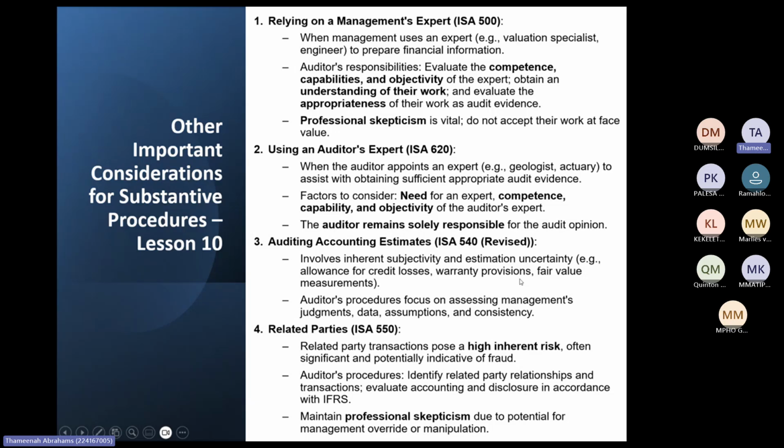So anywhere where there are estimates required. So the procedures there that you must do is you must assess management's judgments. You'll assess the data, the assumptions used, the consistency. So for example, you'll see, did they use the same percentage in prior year, or is it different? And so forth. Is there a policy in place for this percentage? Because if there's a policy in place, you will also inspect the policy.